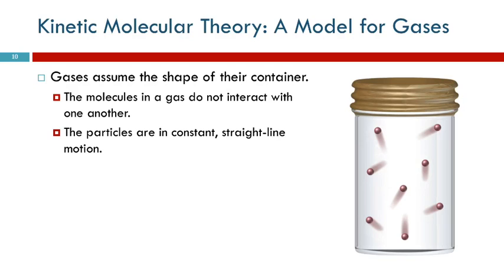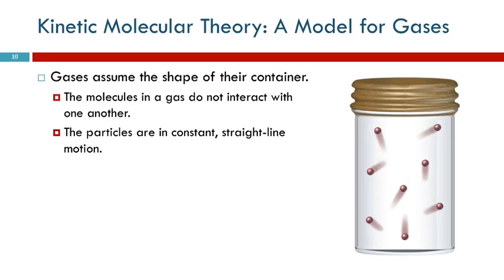Gases take on the shape of their container. Why does this happen? Well, the gas particles are in constant motion. They travel in straight lines until they bump into something. They don't slow down. There's no wind resistance. They are the wind.